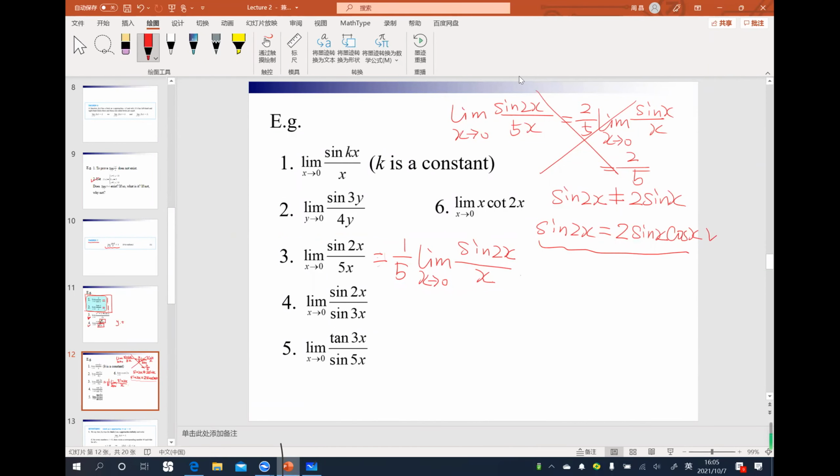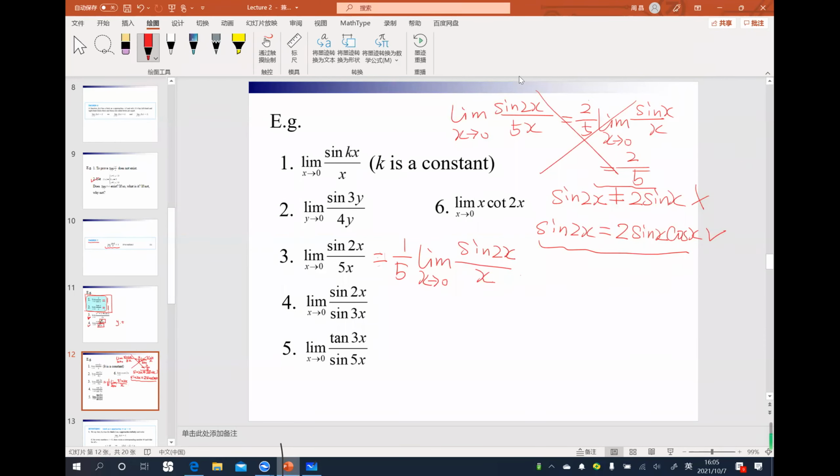This is the right formula, and the other one is wrong. So if you write like that, although you get the right result, you cannot get any marks. Can you understand, guys? Yes, teacher.